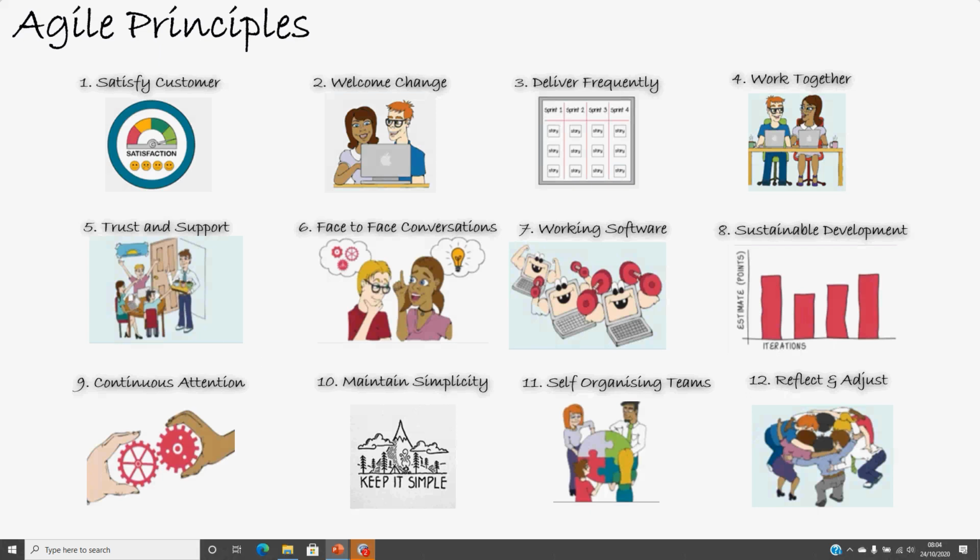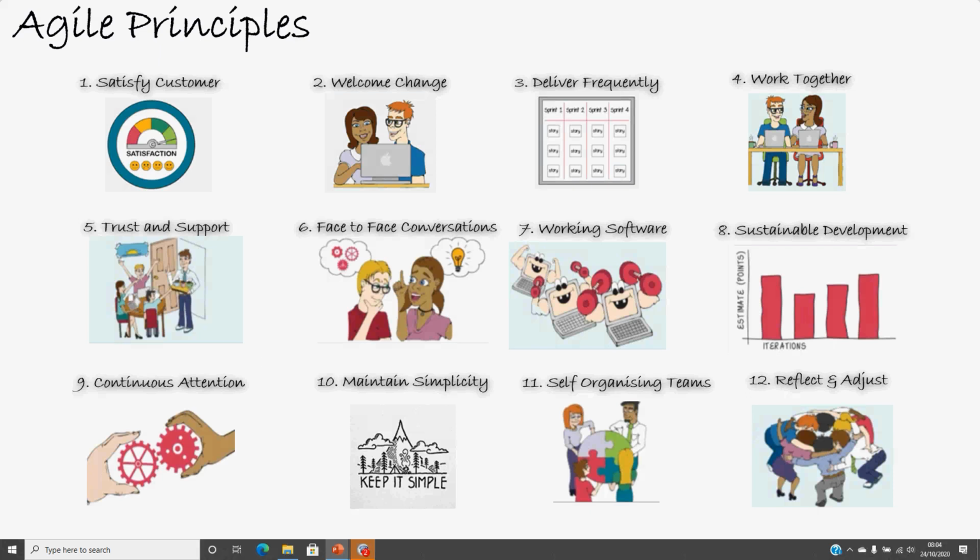Sustainable development means that the development is divided into iterations, and each and every iteration is going to give you something. So there will be some product coming out from those iterations for the customer to use.